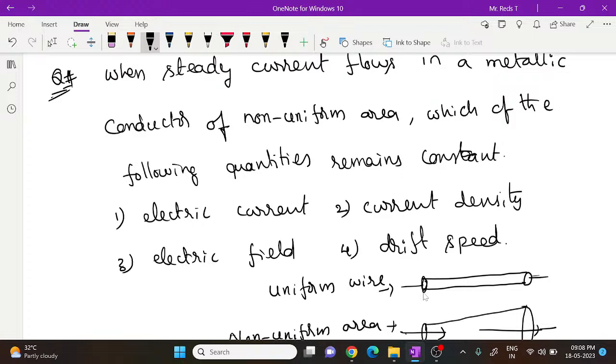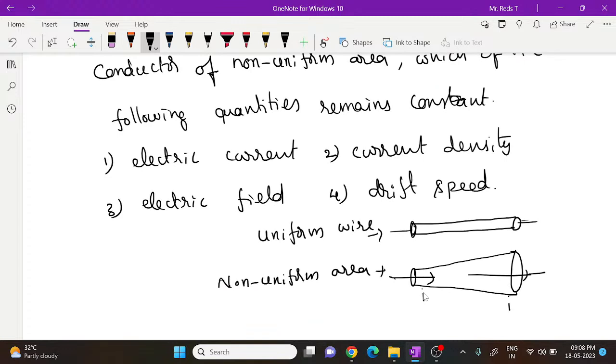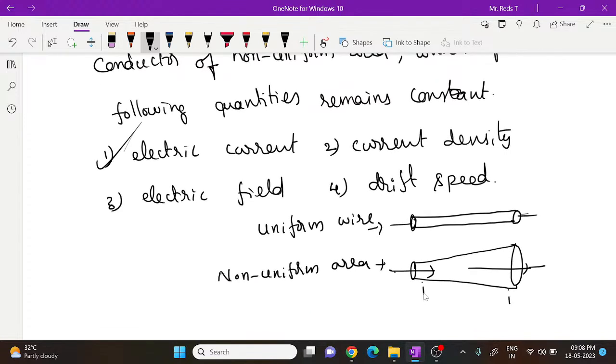When constant current flows in a metallic conductor of non-uniform area, which of the following quantities remains constant? Obviously, steady current means constant current, so electric current will be constant. No questioning that, but you may get confused by looking at all these options.